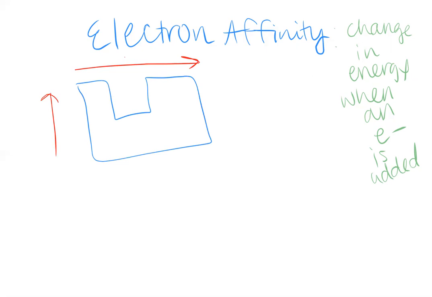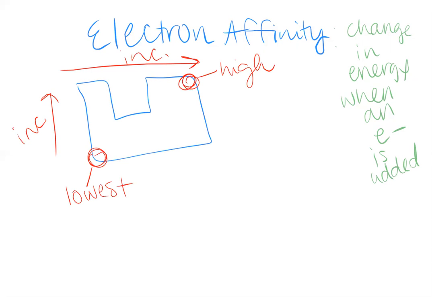It increases as we go up and to the right on the periodic table. So we have our high corner here again. We're going to see the highest values, and the lowest corner here in that same spot. So you're going to see the lowest values represented here and the highest values represented there for electron affinity.